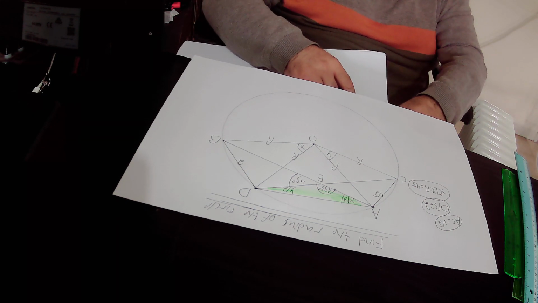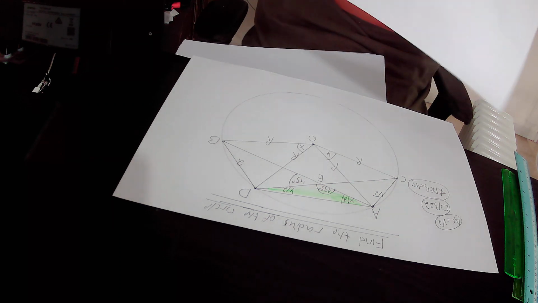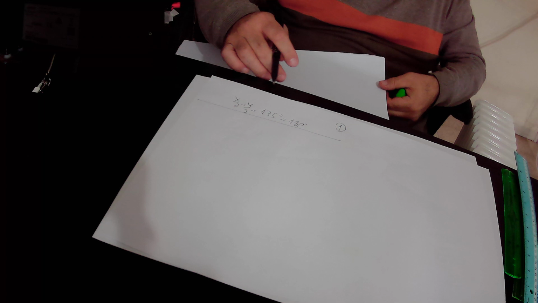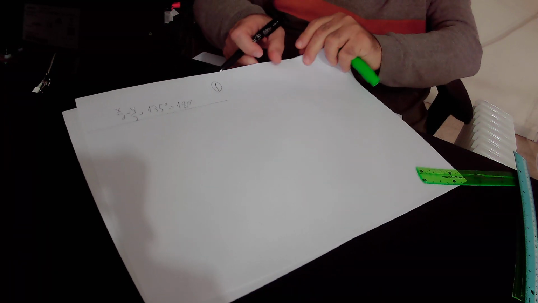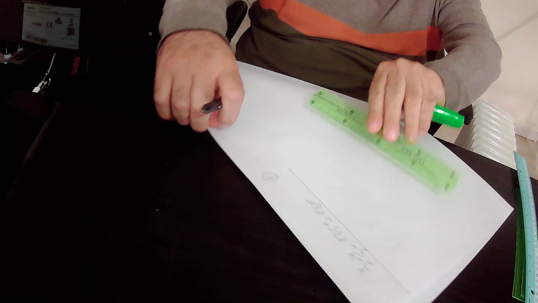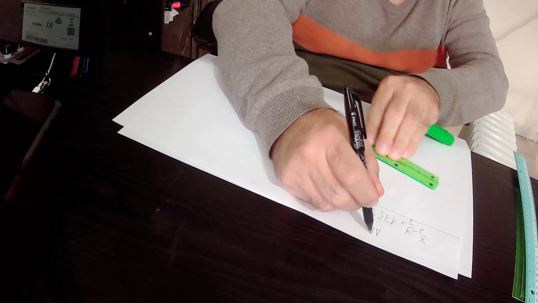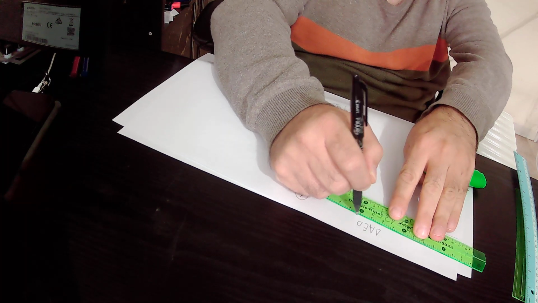I'll repeat again. x over 2 plus y over 2 plus 155 degrees must be equal to 180 degrees, in triangle AD, the green triangle.